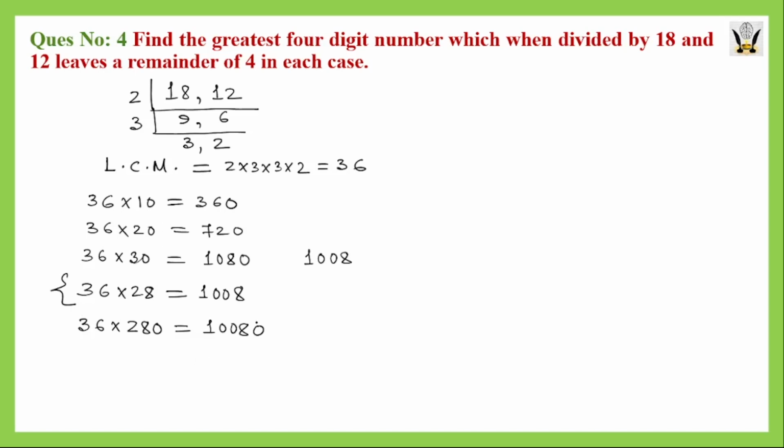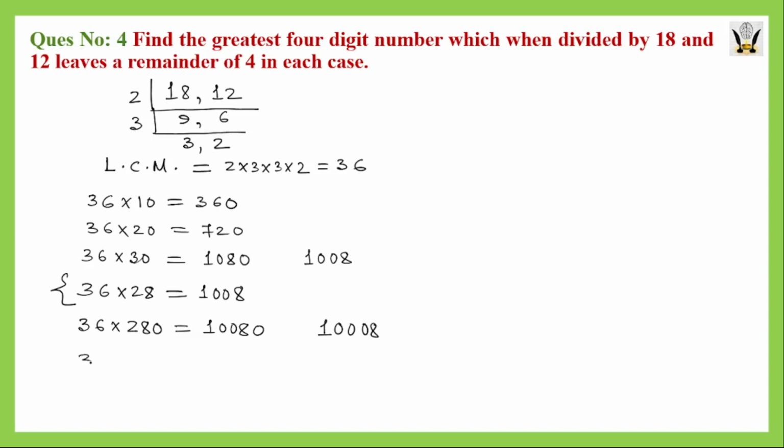And this time, from here what we can do is first find the lowest 5-digit number. So again we have to subtract 36 twice. If we do that, then this number will become 10008. That means we are subtracting 72, 36 twice.